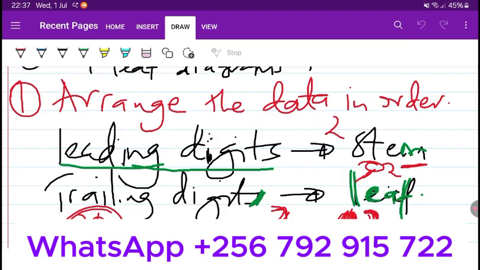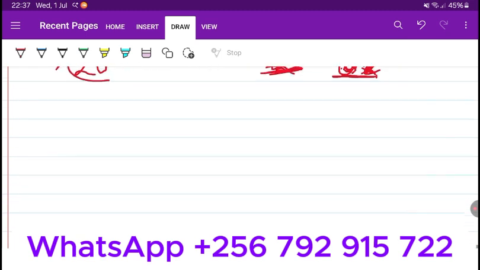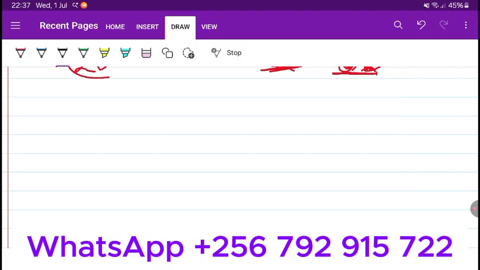If I have an observation that has 3 digits, the big question is, what's going to be my leading value, my stem, and what's going to be my leaf? Say we have 2, 2, 2. Remember we said that the stem can be many digits.